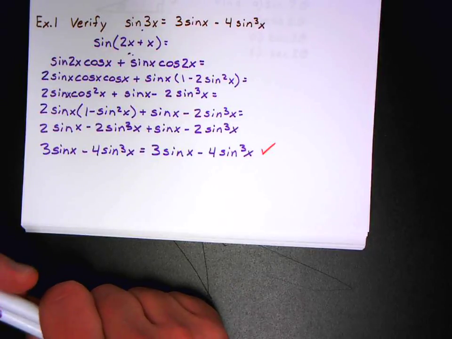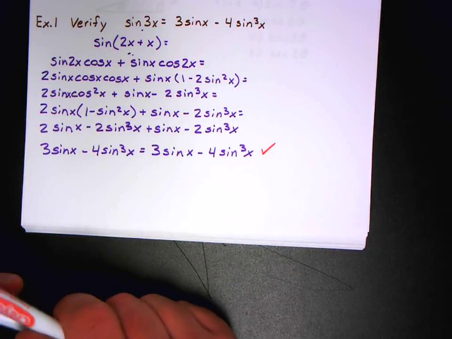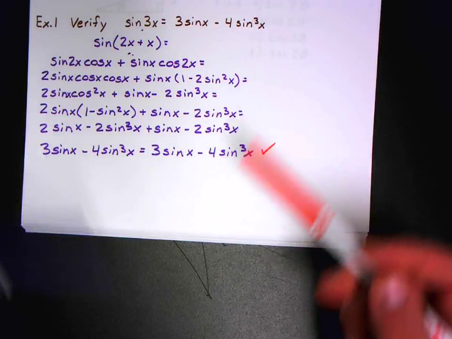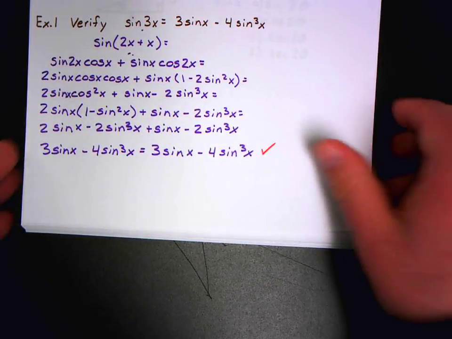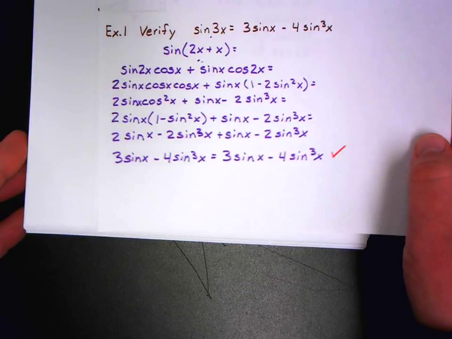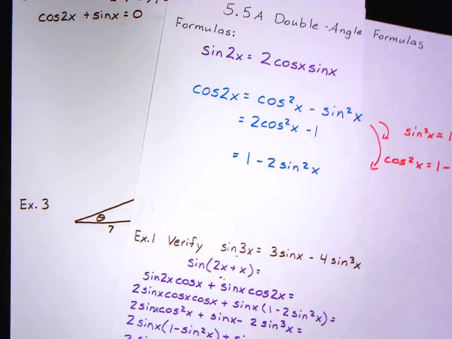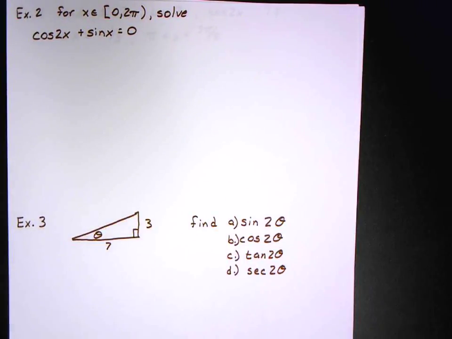So I wanted to give you an example of a difficult one where you have to do multiple steps and use multiple formulas. There are no verifies in your homework. Again, I just wanted to give you an example.